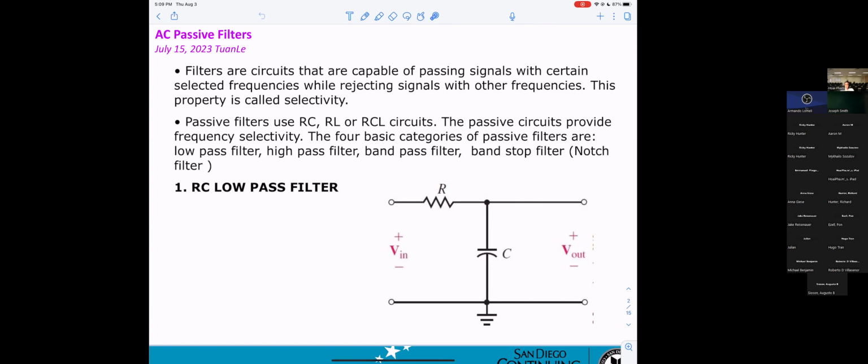First thing we're talking about, low pass filter. If you're looking at the circuitry, very simple. The circuitry only has a resistor and a capacitor. This is V in and this will be V out. Very, very simple.